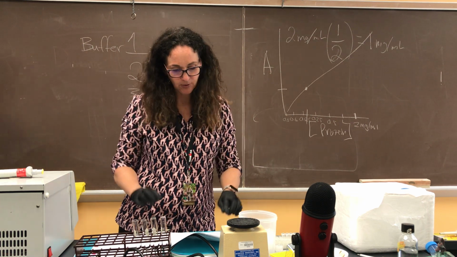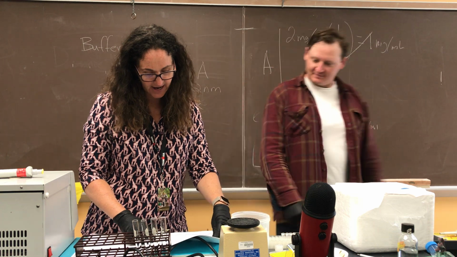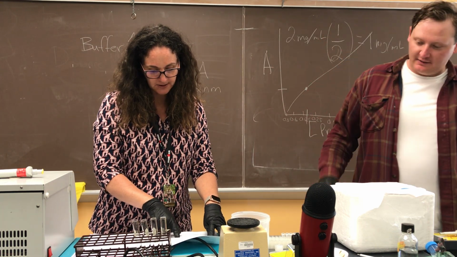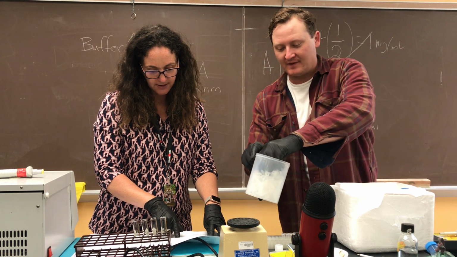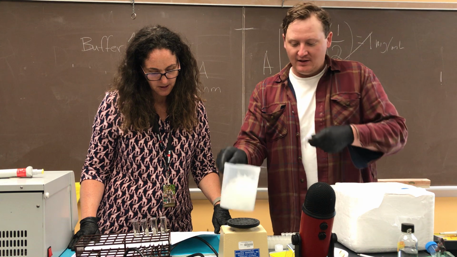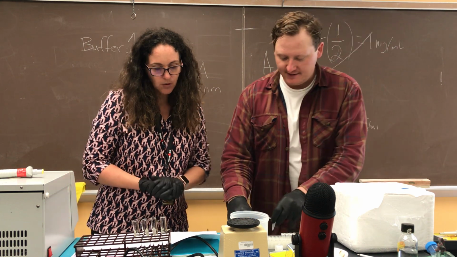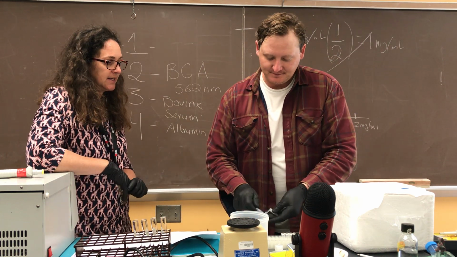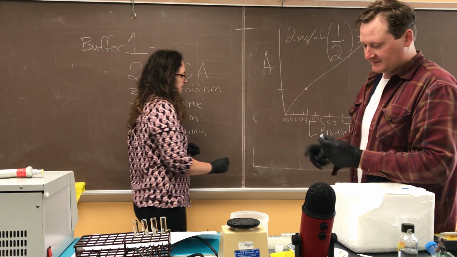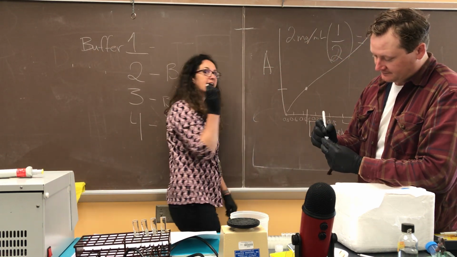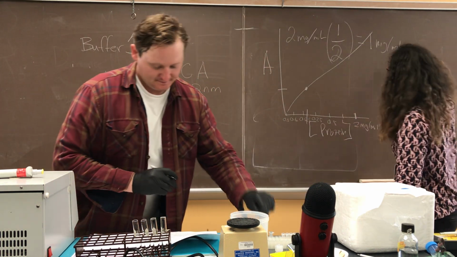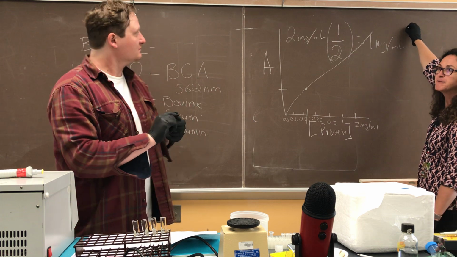All right, while we're waiting for that 5 minutes, let us label another 4 tubes. All right. 1D, 2D, 3D, and 4D. So what we're going to do in those tubes is, because if our protein concentration is higher than 2 milligrams per mil in our extracted sample, it might be off the curve, right?